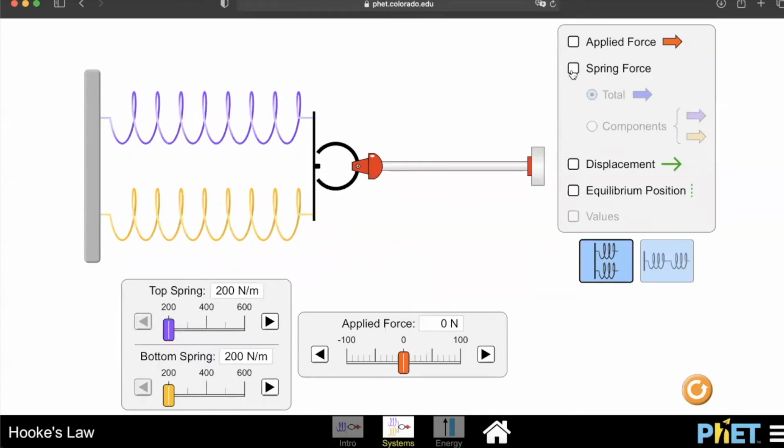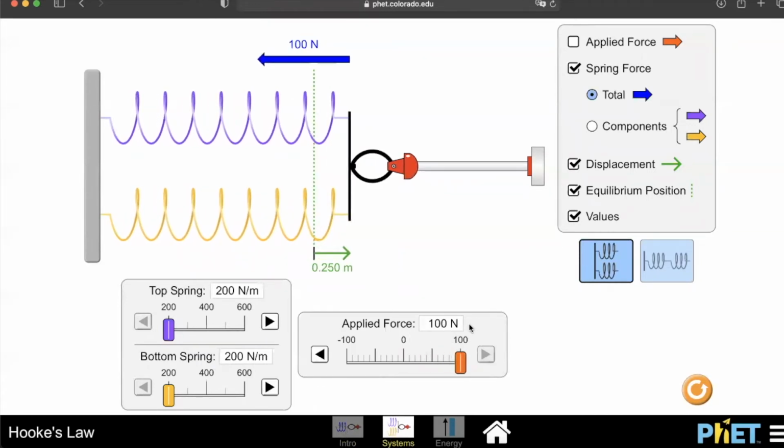So let's go to systems and then check all of these except for applied force. Then let's set the applied force to 100 newtons, and that means that the spring force is also 100.